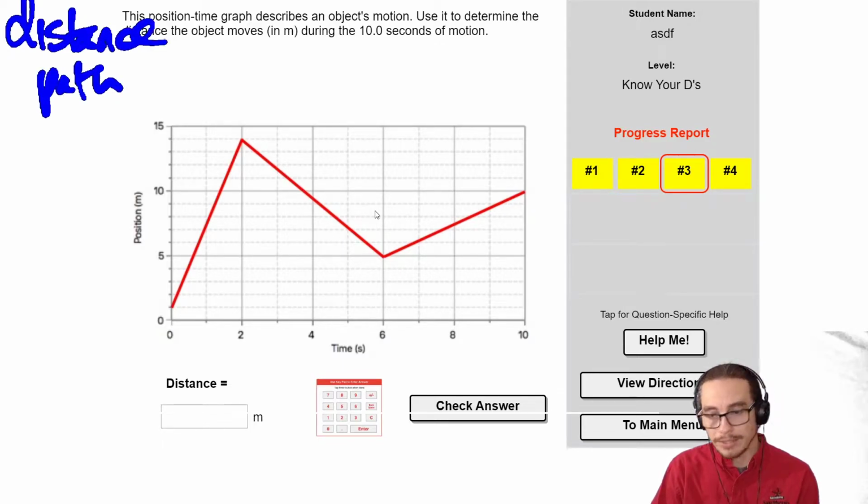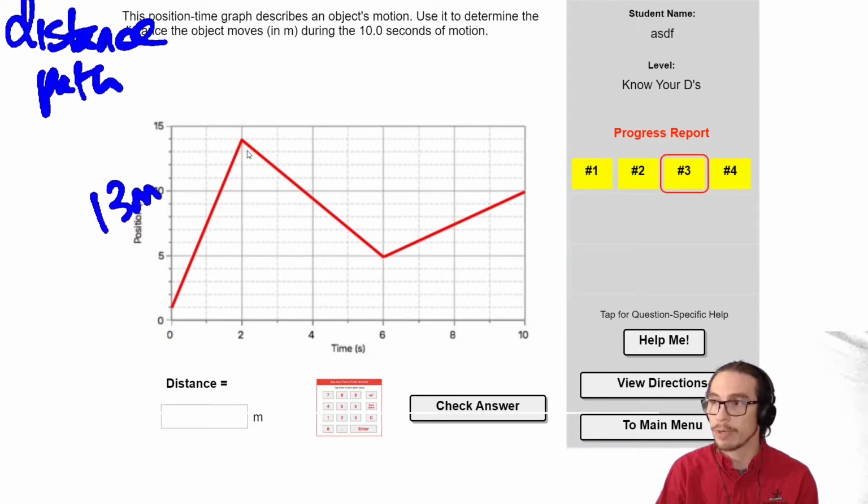So that means I have to go through each of these segments and add up how far it has gone for each segment. This one starts from 0, goes to 14. At time 0 it's at 1 and goes to 14. And so that means that's 13 meters for the first part. And then it's going to go from 14 to 5. That's another 9 meters that it travels.